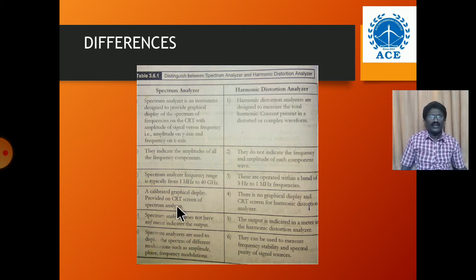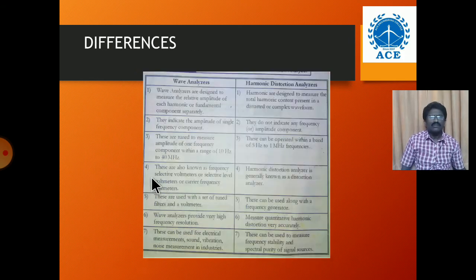So your fourth point, the wave analyzers are also known as frequency selective voltmeters or selective level voltmeters or carrier frequency voltmeters. So already you know the idea about types of wave analyzers here.